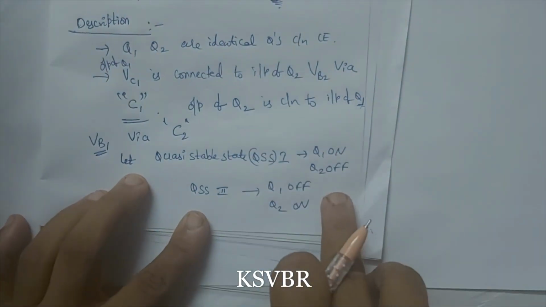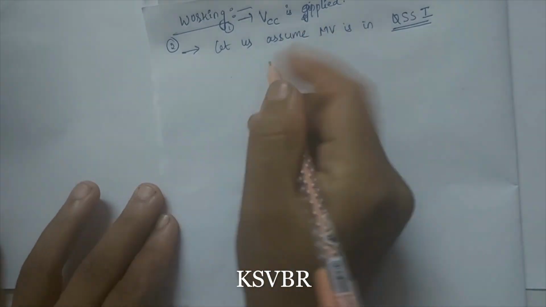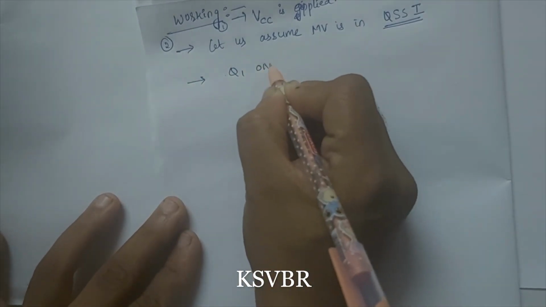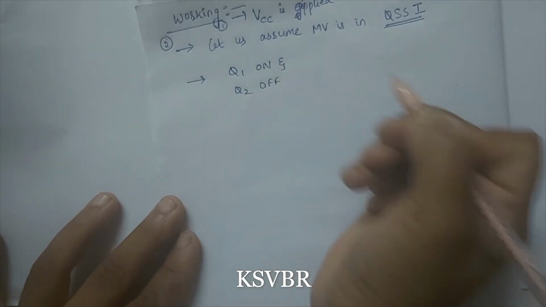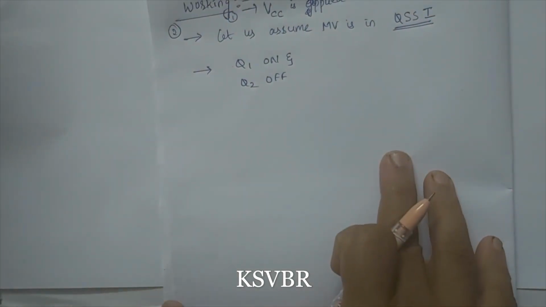What is quasi-stable state 1? We have taken here Q1 on and Q2 off. So the current status is Q1 on and Q2 off. This is the current state of the multivibrator when VCC is in on condition.